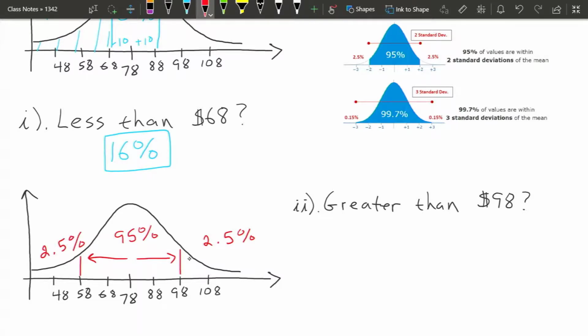So for greater than, we're looking at everything here on the right side. And that would be 2.5%. So remember, it's all based off of the 68, 95, 99.7 in the middle. And you can see how much is left over for left or right side, either less than on the left side or greater than on the right side.